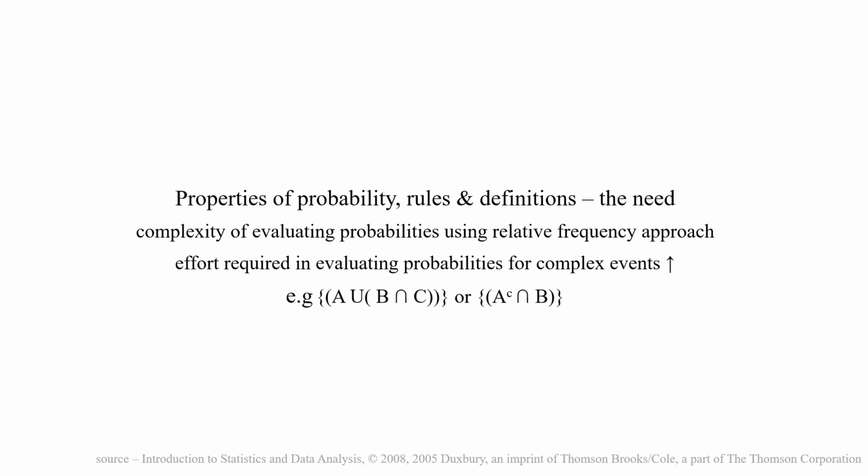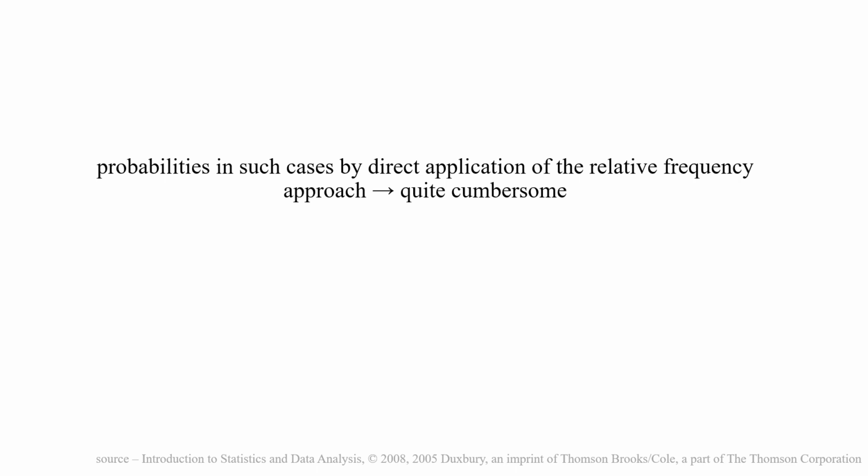For example, like A union B intersection C or complement of A intersection B, where A, B, and C are individual events. Evaluating the probabilities in such cases by direct application of the relative frequency approach can be quite cumbersome.